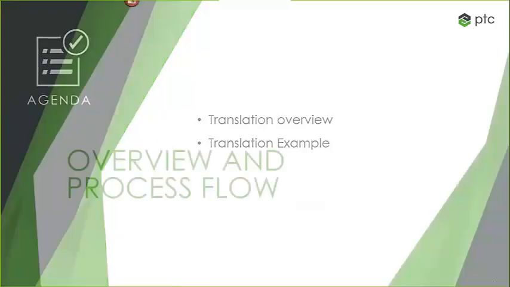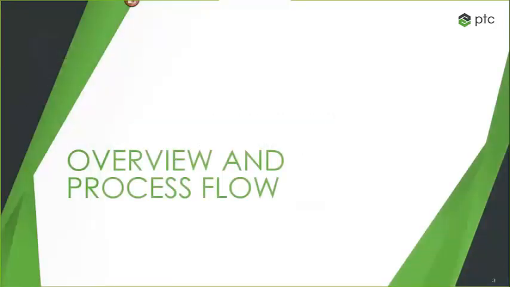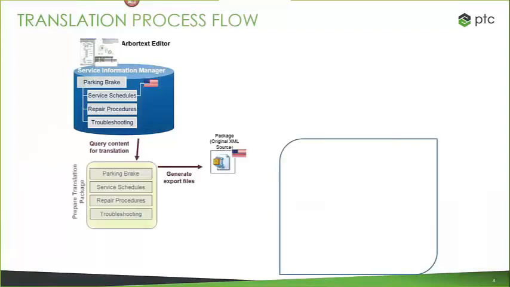So first, the overview. The general idea is that within Service Information Manager, you will have your XML content. When a translation package is created, Service Information Manager will be queried for which of the content needs to be translated.